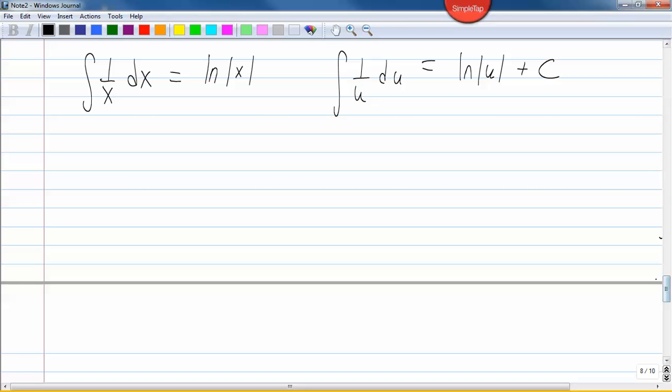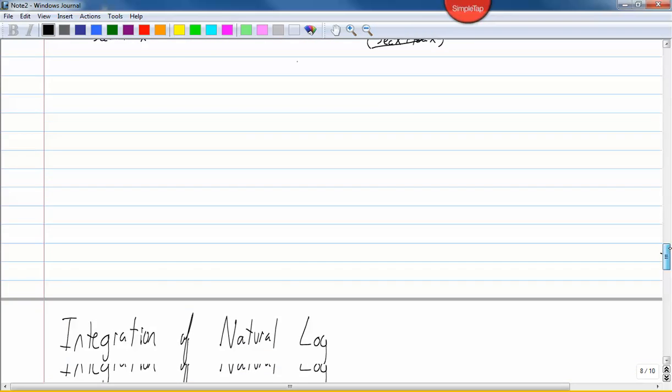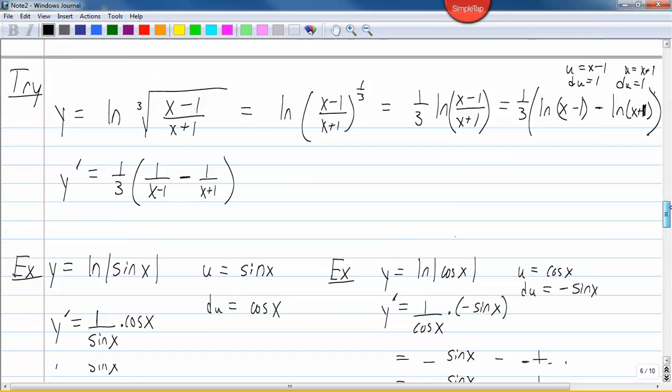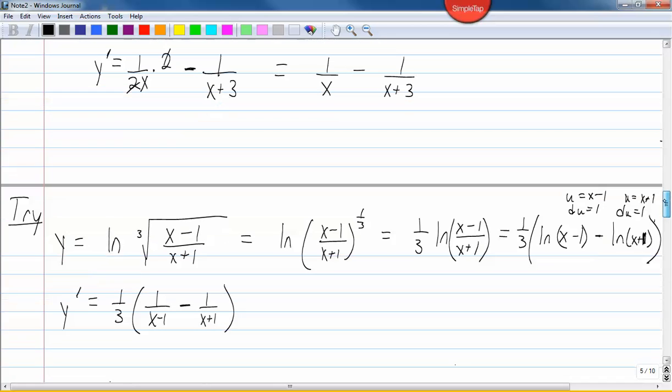So what does that mean? Alright, let's see. Let's say I had the integral of 4 over x dx. Okay? If you have noticed, when finding the derivatives of natural logs, what are we getting?